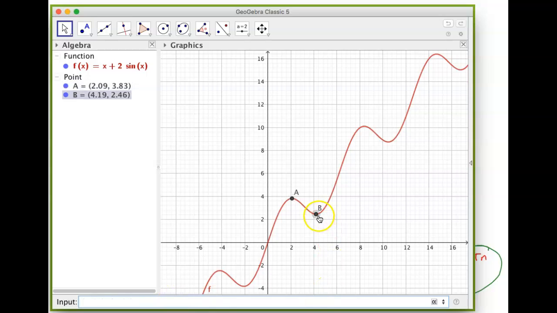And that's going to account for all these valleys. And then anytime I add 2 pi to point A, it's just going to move it up to the next peak. And anytime I add 2 pi to point B, it's going to move it over to the next valley. And at each of those peaks and each of those valleys, we'll have a horizontal tangent.